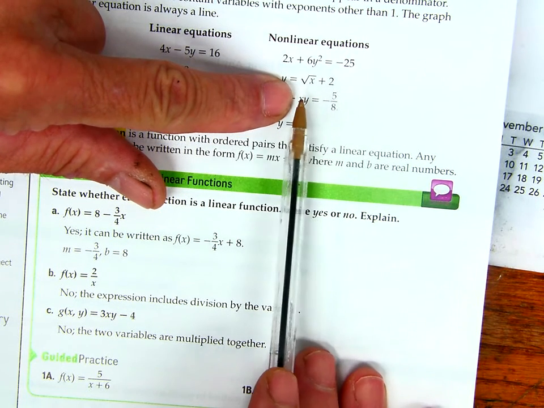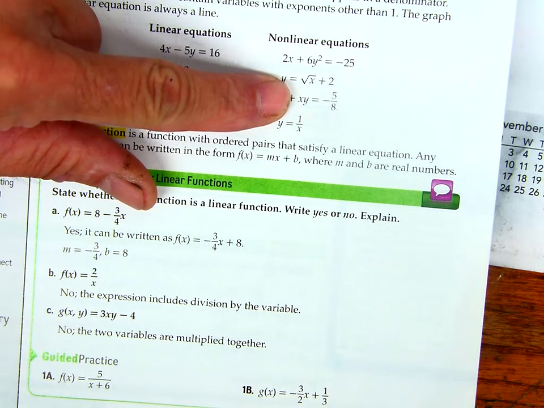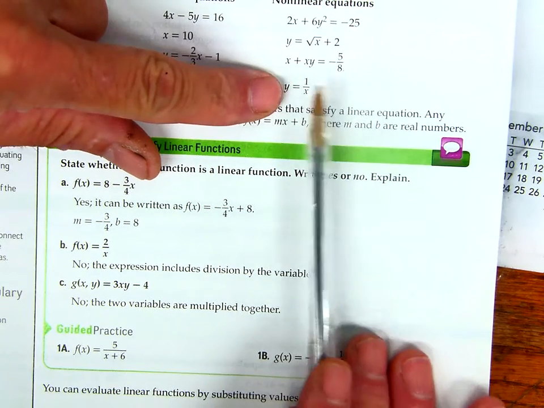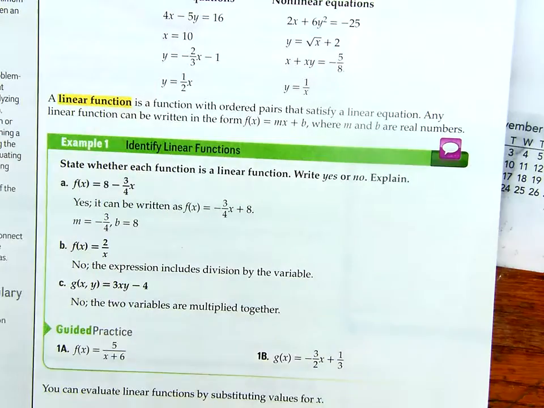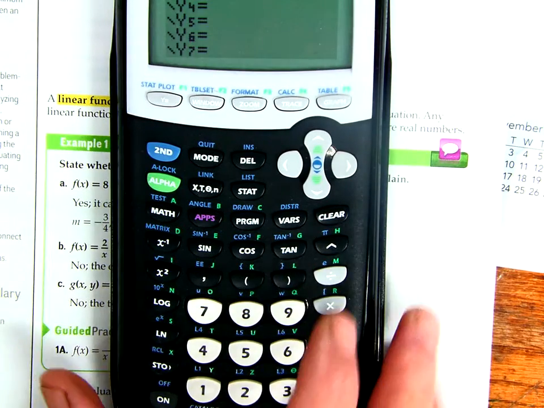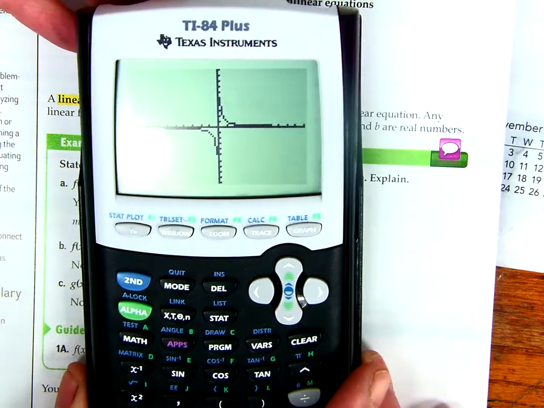And when we divide by x, that means that the x is going to end up in a denominator. Therefore, it's not going to be linear. In the next example, the x is very clearly in the denominator. If you were to graph that, it's quite clearly not linear.